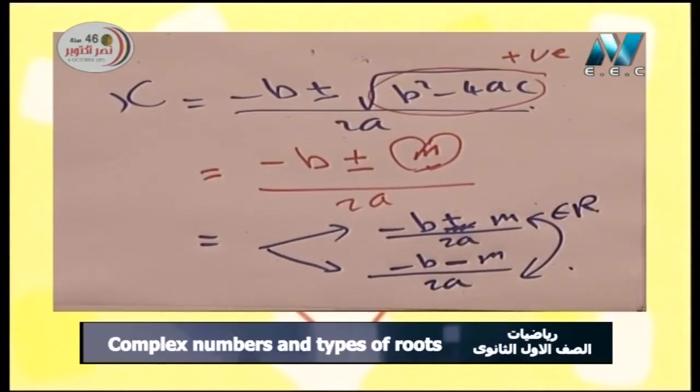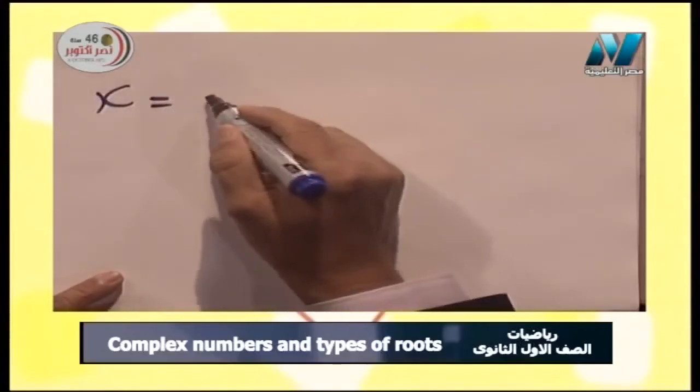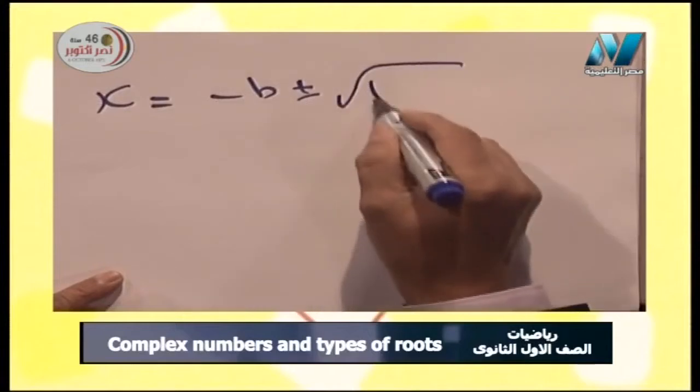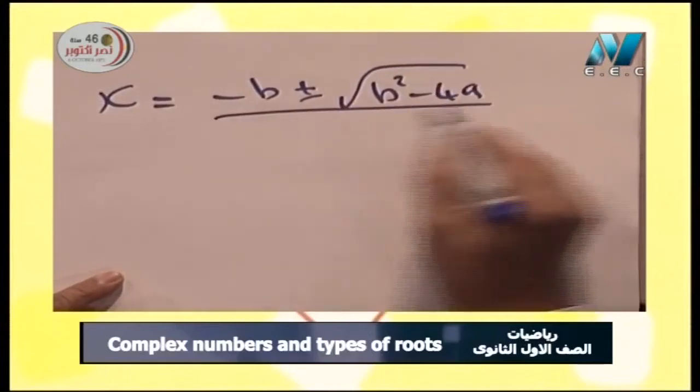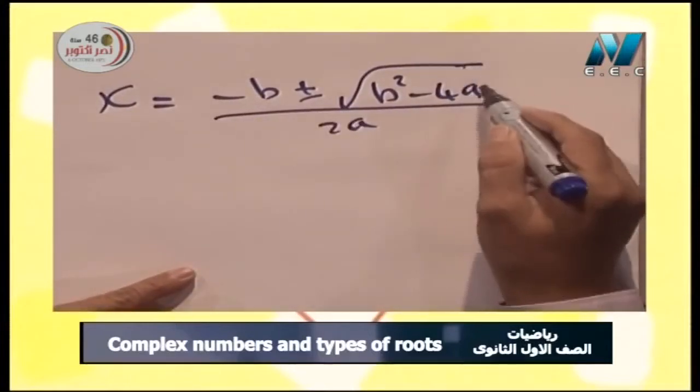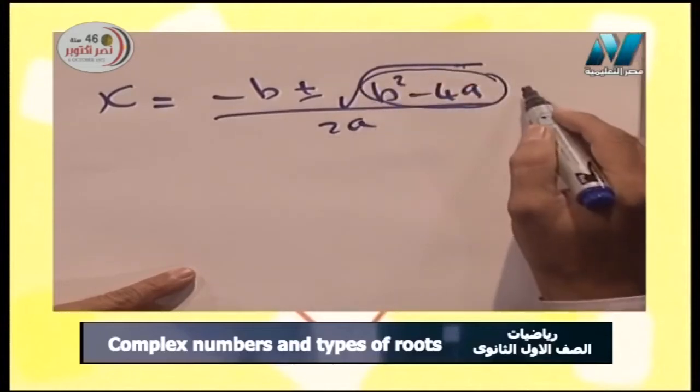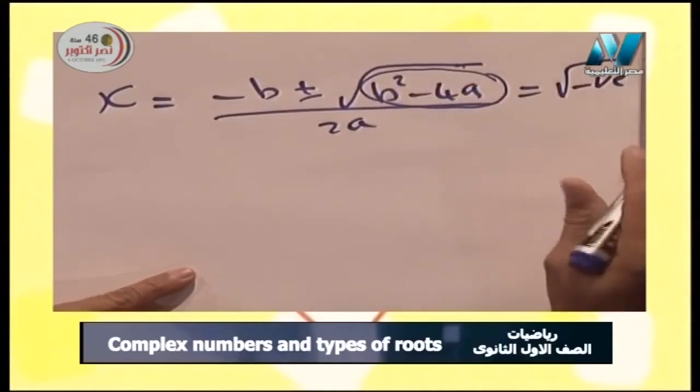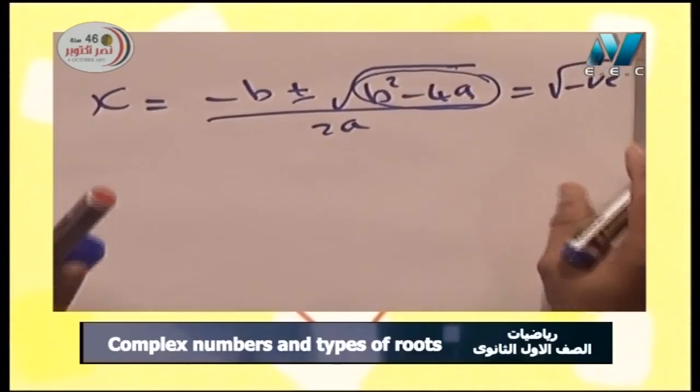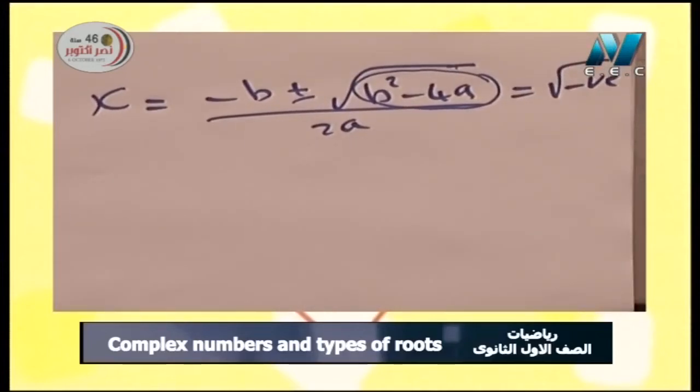But if we have a negative number for the discriminant, we will see here, if x equals negative b plus or minus the square root of b² - 4ac over 2a, and this number is negative, a square root of a negative number, then we have no real roots. Why?